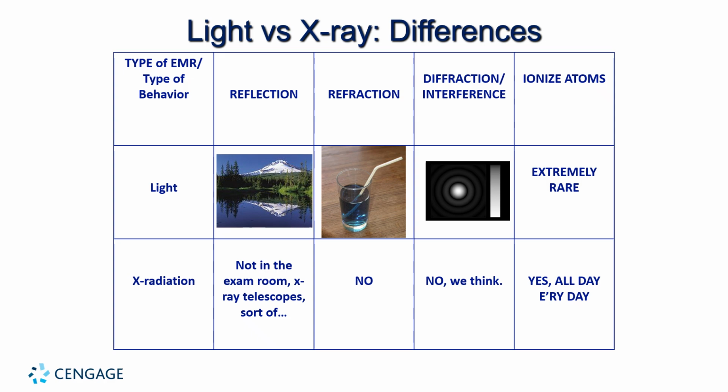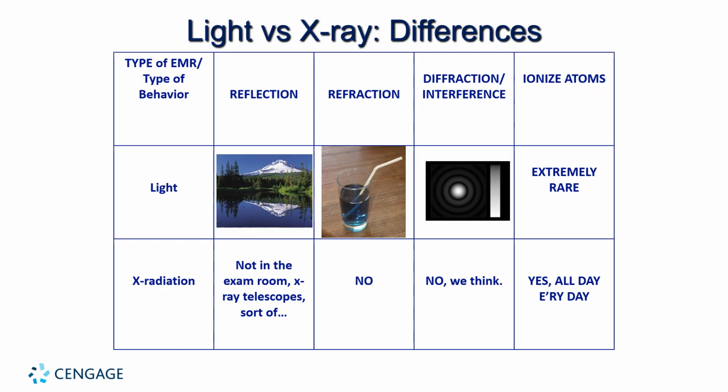And so we can see reflection and refraction and diffraction with light. And I give examples there. But light doesn't typically have enough energy, with the exception of sodium, to ionize atoms.